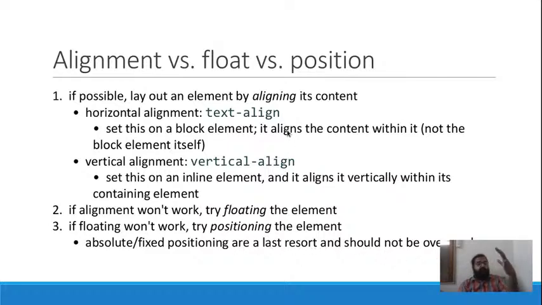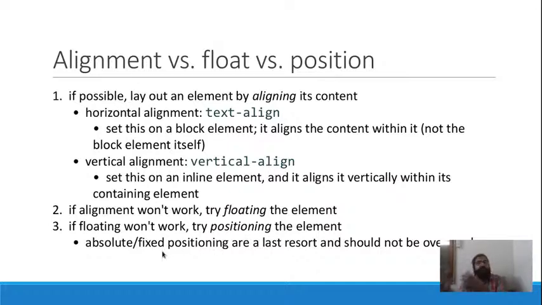So essentially this is how you will go ahead when you are developing CSS. You should start with alignment options, then floating options, and then positioning options, and you should not use the positioning options too much.